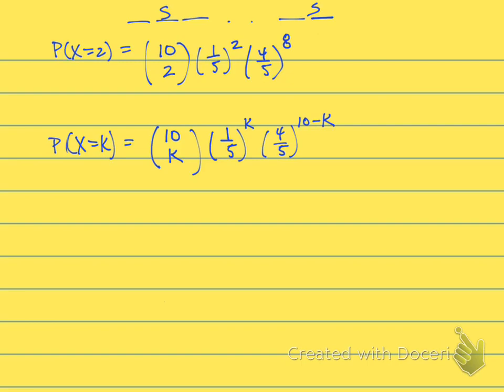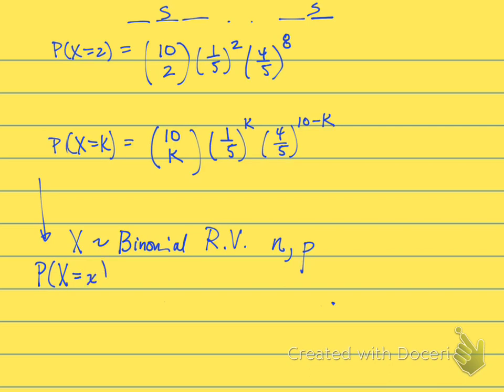Okay? So let's go a step further and generalize. Let's say x is a binomial random variable, which means there's a fixed number of trials and the probability of success is p. Okay? If I want to find in general the probability x equals, we'll say little x, then that's the number of successes in n trials. So of those n trials, choose which ones of them are successes.